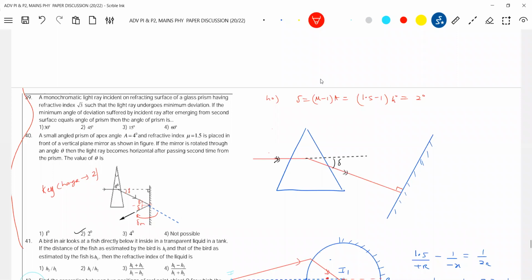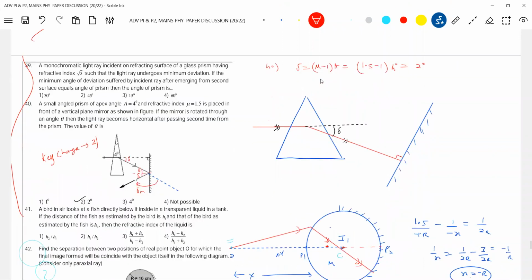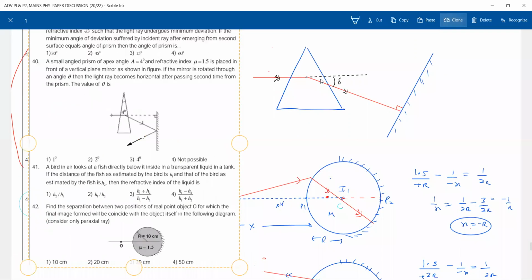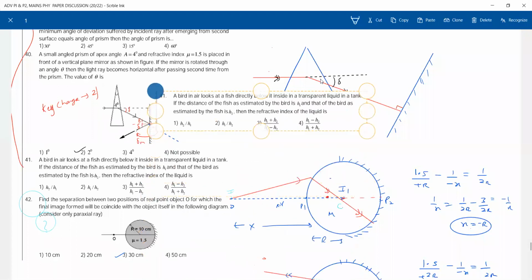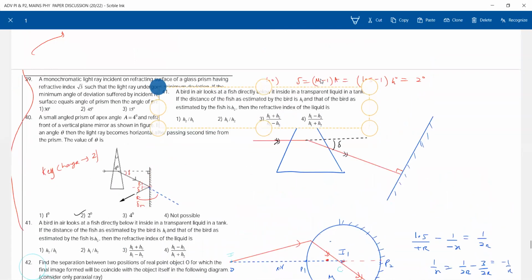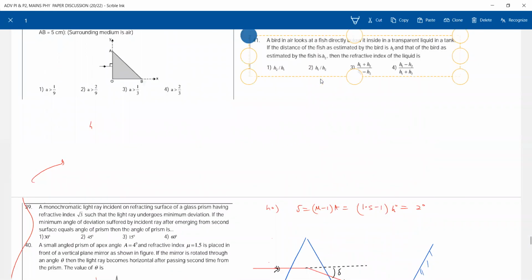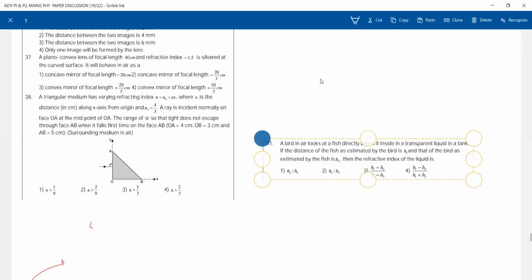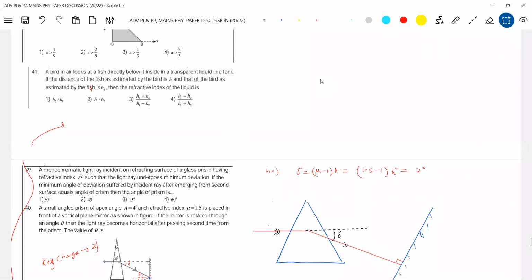We'll take it to here. Let me solve it here. So there is question number 41. You make a boundary first.